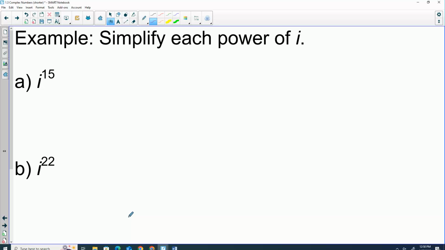The key thing is, every time you get 2 i's, what does it turn into? Negative 1. i squared is negative 1. So let's figure out how many groups of 2 we have. So we're going to rewrite this. 15. How many times does 2 go in there evenly? 7 times. 2 times 7 is 14. That accounts for 14 of my i's. We still have 1 left.